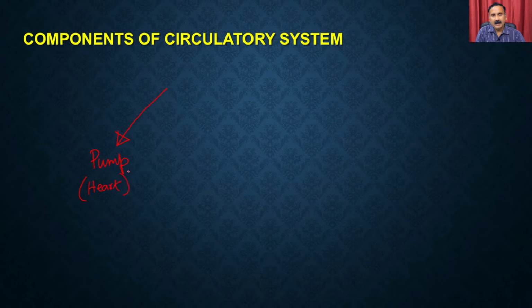We also require pipes so that the liquid can flow, and those pipes are called blood vessels. The third is the medium, the liquid which is going to flow throughout the body, and that liquid is called blood.